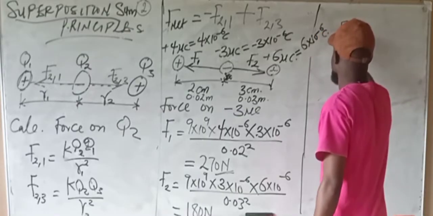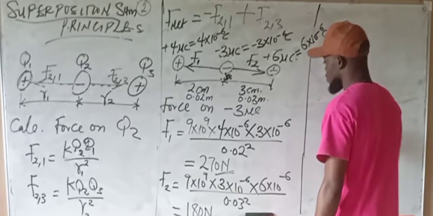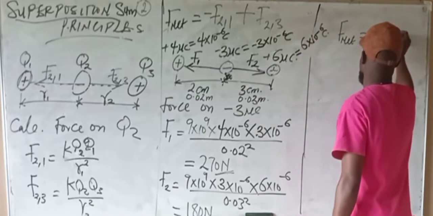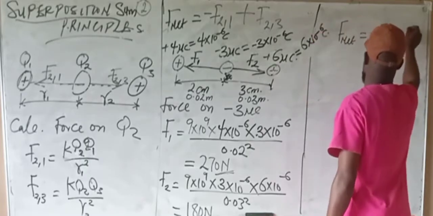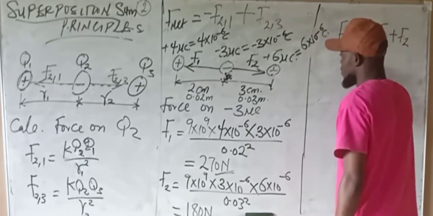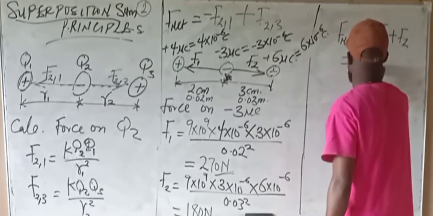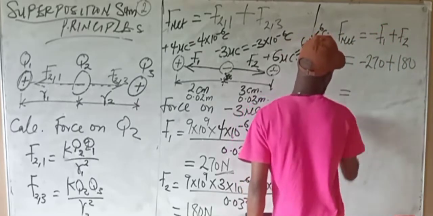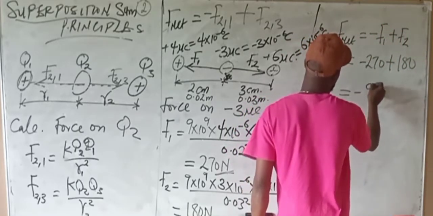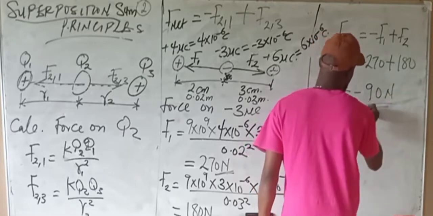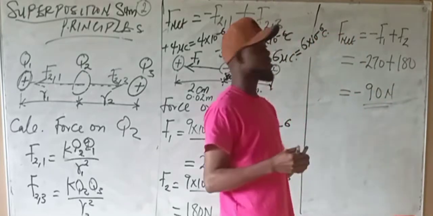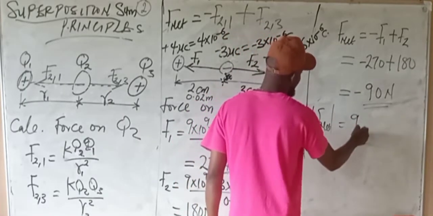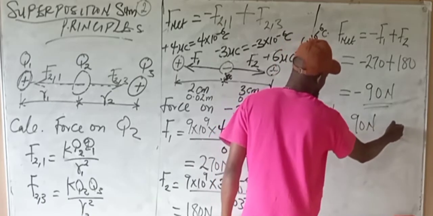The net force on Q2 is: which one is going to the left? F1, so I'll take a negative sign. F2 goes to the right, so I'll take a positive sign. So we have minus 270 plus 180, which gives minus 90 newtons. That's the actual force.